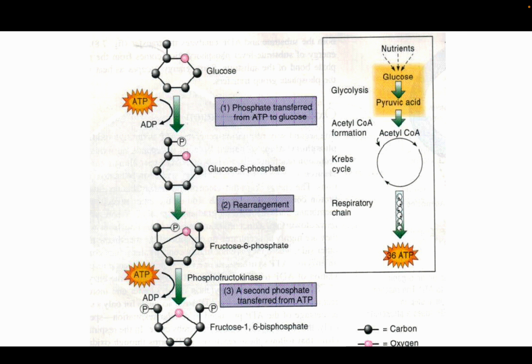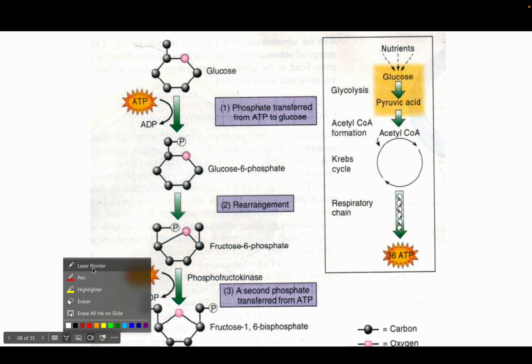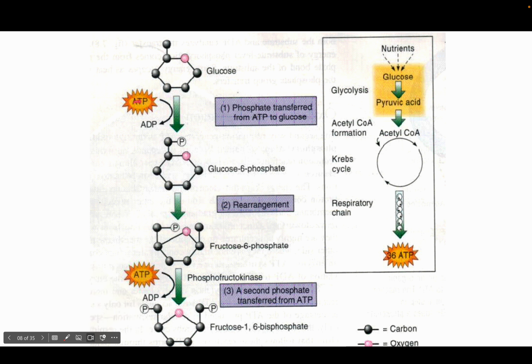You can appreciate in this figure that the source of the phosphate group is one ATP molecule that's dephosphorylated via the action of a kinase enzyme, and that phosphate group is transferred from ATP to the glucose molecule.